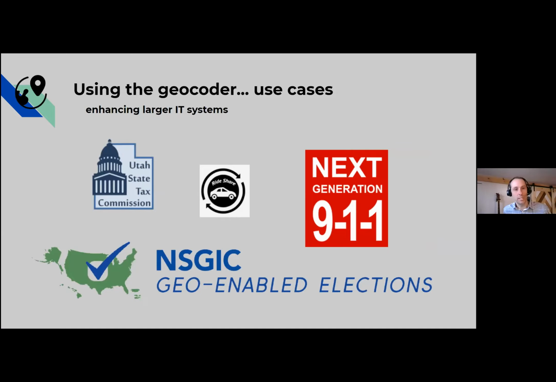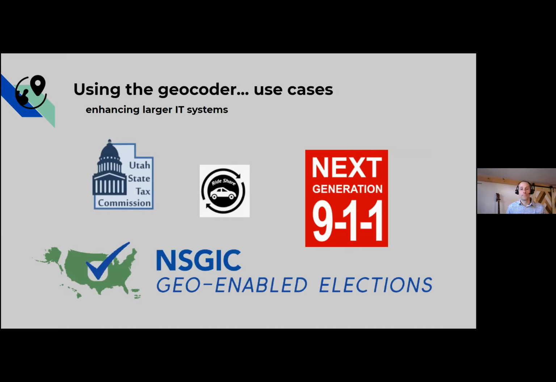Tax commissions like to use them to locate voters, or for online commerce, locating where things are purchased and what tax code they're in. Rideshare apps use reverse geocoding. 911 is a huge user of geocoders. And then elections. NSGIC has a program, Geo-enabled Elections, which is a fantastic program that's getting elections GIS ready and using a GIS.